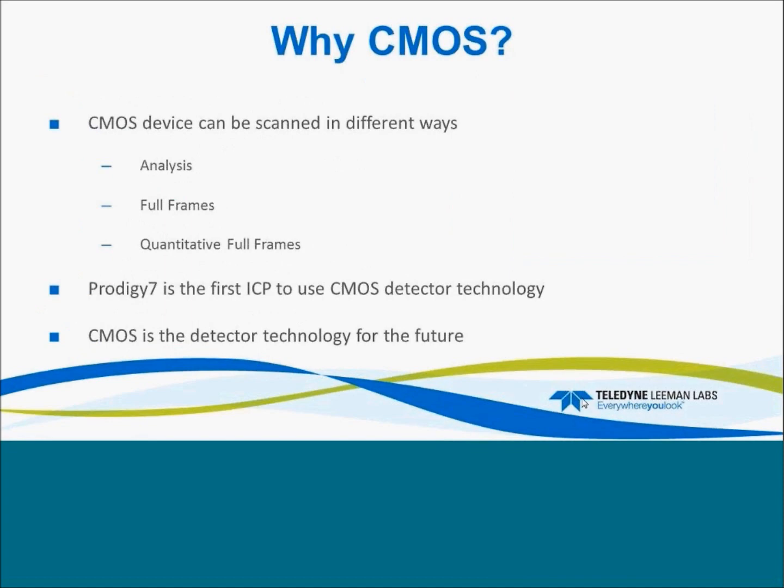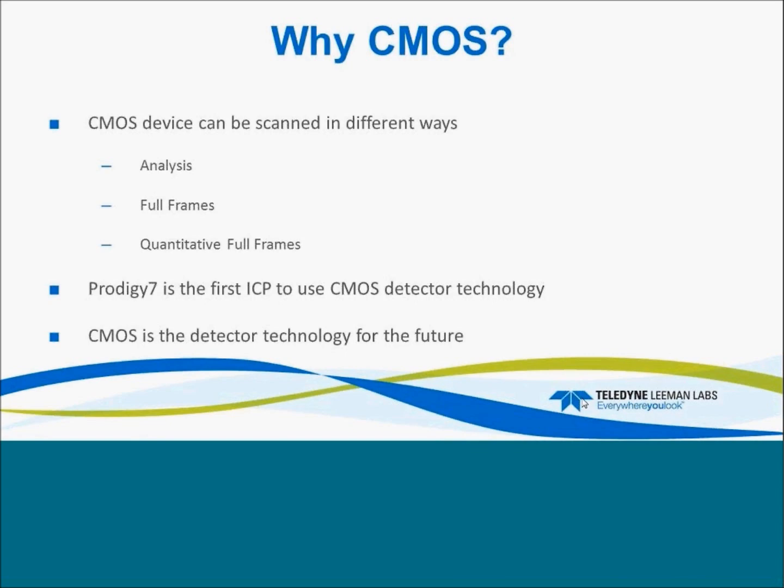So also, why CMOS? The device can be scanned in different ways, so there are different ways to do readouts. We use the device to do analysis, to determine concentrations in samples. We can collect full frame images, which is basically a snapshot of the entire wavelength spectrum from 165 up to 1100. And a newer feature, called quantitative full frames, allows us to take a full frame and also determine concentrations of elements in a sample based on that full frame.